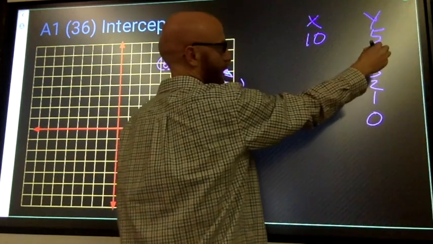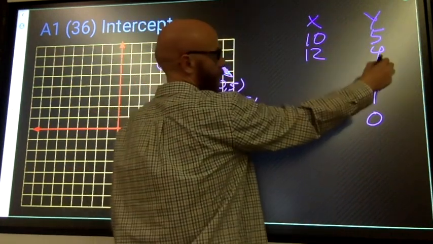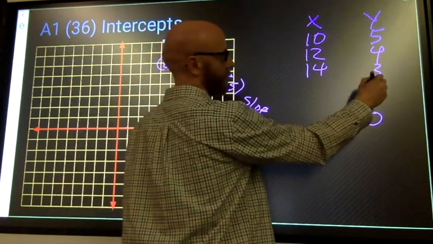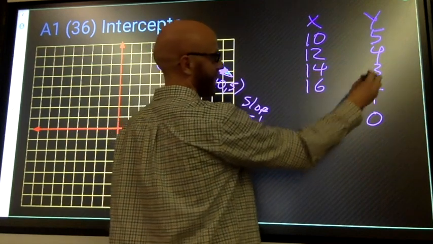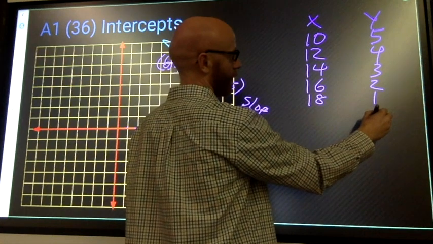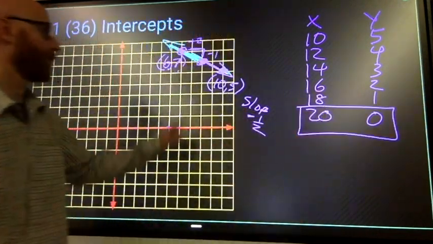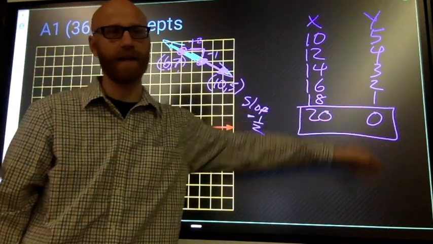Down 1, 4, forward 2, 12. Down 1, 3, forward 2, 14. Down 1, 2, forward 2, 16. Down 1 to 1, forward 2 to 18. Down 1 to 0, forward 2 to 20. So this line is going to cross the axis at x equals 20.